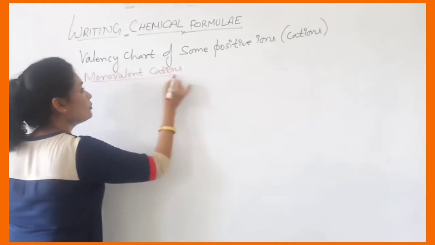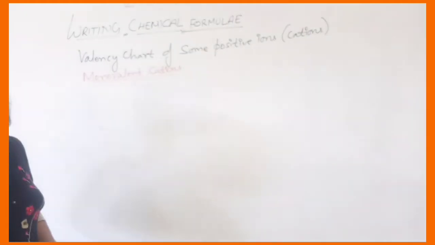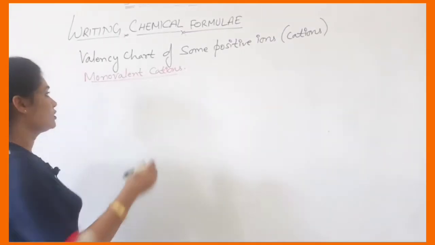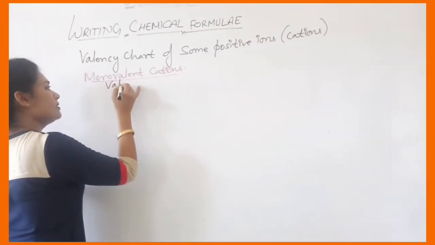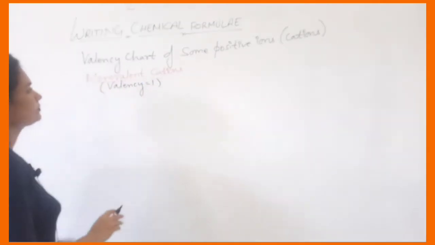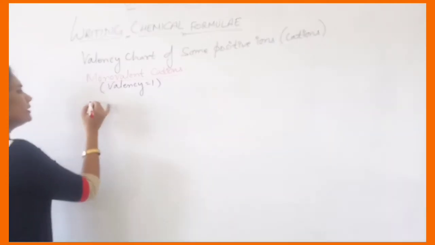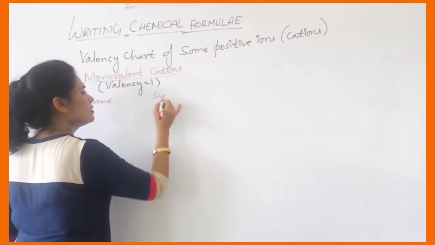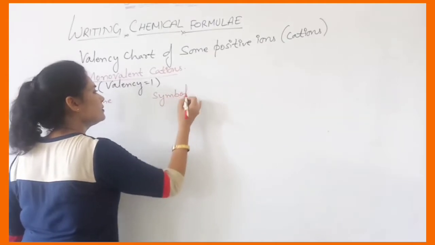Do you know what monovalent cations are? Monovalent cations are those elements whose valency is 1. So here we will write valency equals 1. Here we will write the name of the element, and here the symbol of the element.